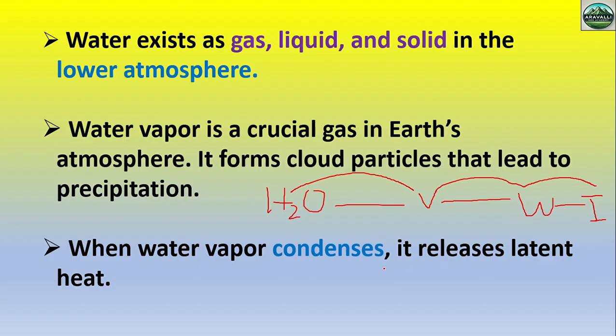So when water condenses, it releases latent heat, because we provided heat to the water to convert it into vapor. So this vapor holds that heat, and the heat is released after the conversion of vapor to liquid. This heat is known as latent heat.